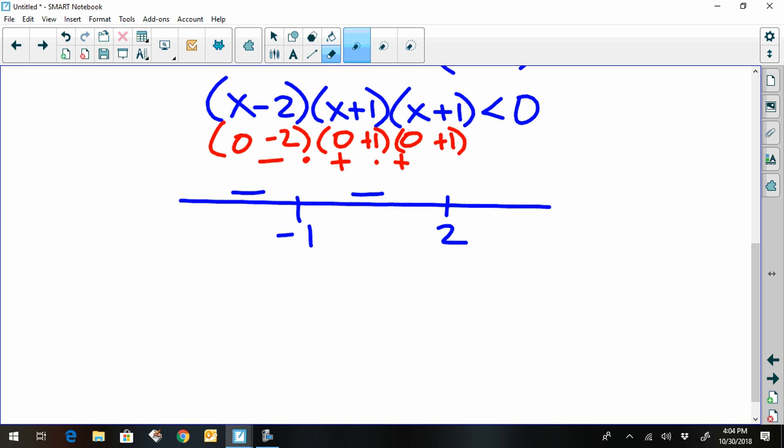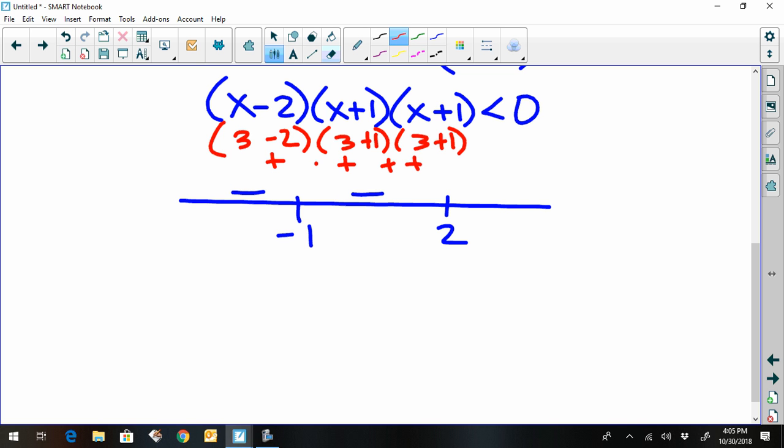All right, so we've got one more region we need to test. And that would be greater than 2. So let's test the number 3. So 3, 3, 3. I'd get a positive times a positive times a positive, which would be a positive.